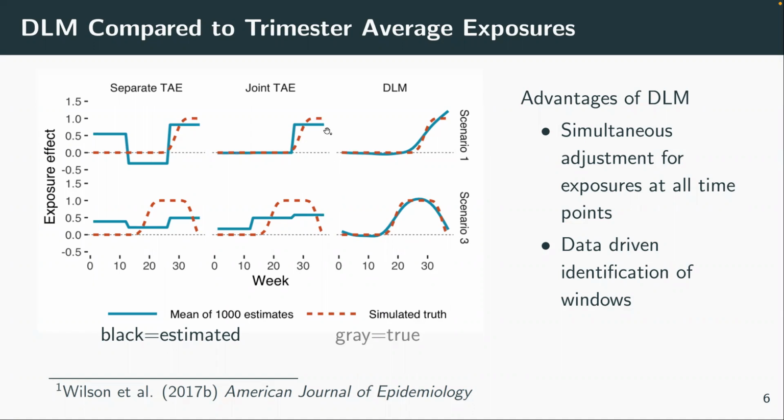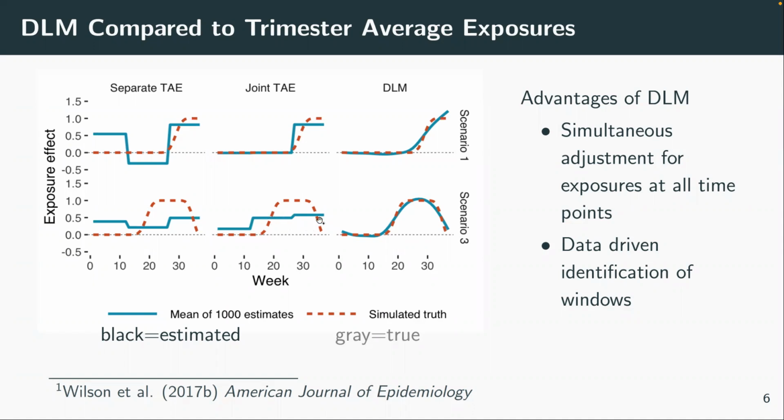You notice that if we fit our trimester average exposures, putting all 3 in a single model, that's what we call the joint TAE model. Where the true effect occurs only in one window, this model does really well. But when the true effect expands multiple trimesters, so it doesn't conform with clinically defined trimesters, then we get some deviation from the truth.